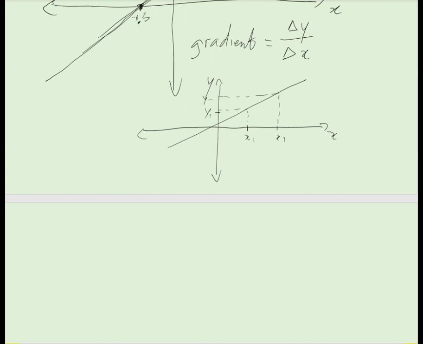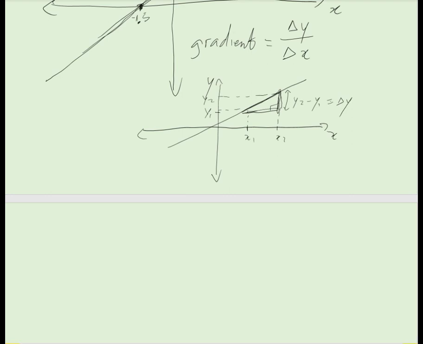And what we can see here is that there's a right angle triangle that's been formed. This vertical length is just y2 minus y1, which is the change in y.